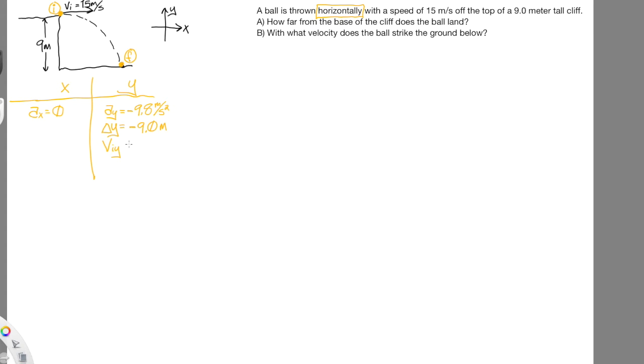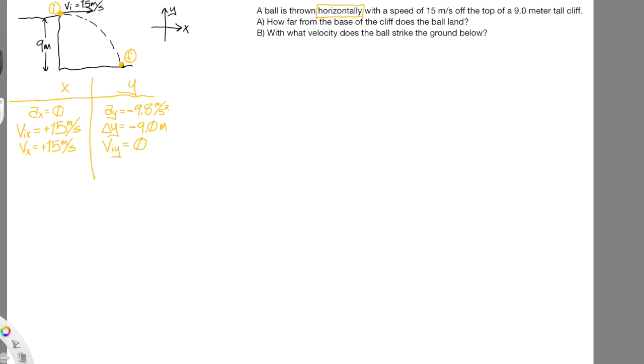V initial in the y direction is 0 because something going horizontal has no y component. And then the initial velocity in the x direction, the whole vector goes in there, the whole magnitude. Positive 15 meters per second, positive based on our coordinate system. And I've called it VIX, but that's actually a little redundant, so I may as well just call it Vx, because the x velocity of an object will not change in projectile motion because the acceleration in the x direction is 0.